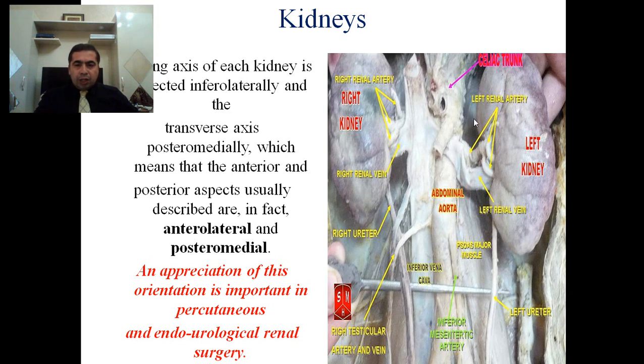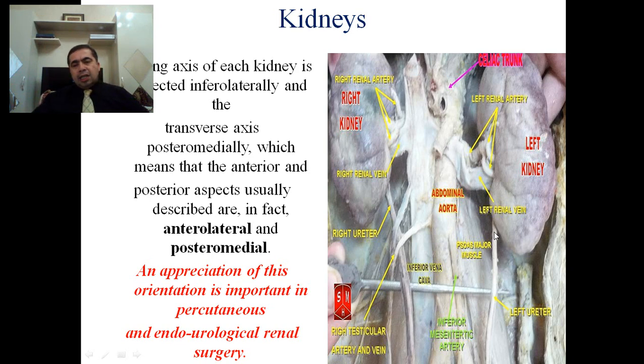You are looking at this picture. Our left kidney is located close to the abdominal aorta, and the right kidney very close to the inferior vena cava. And you are looking at the right renal artery, the left renal artery, the left renal vein and the right renal vein, also the right ureter and the left ureter.